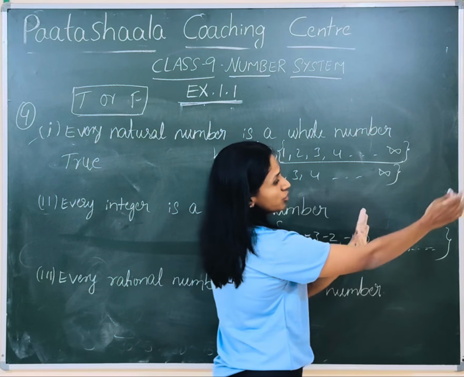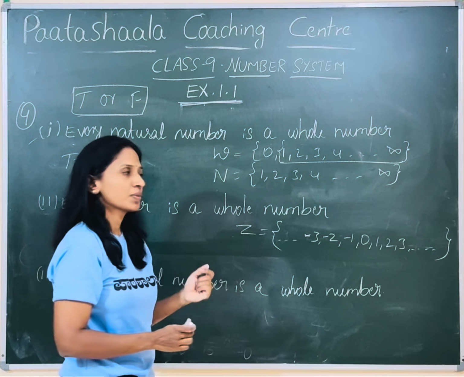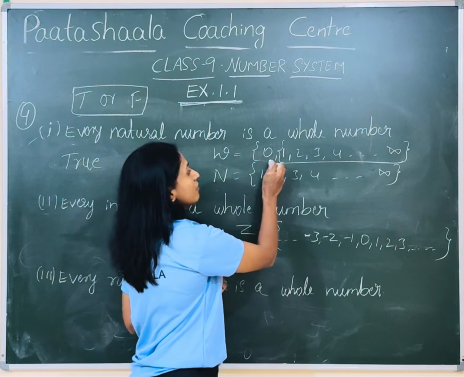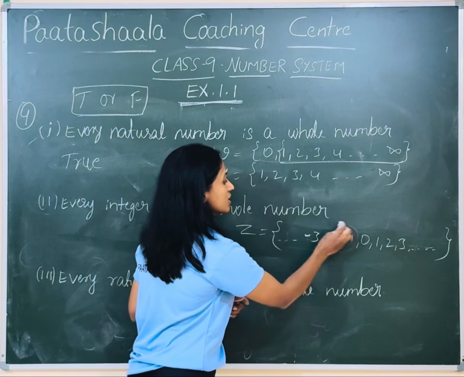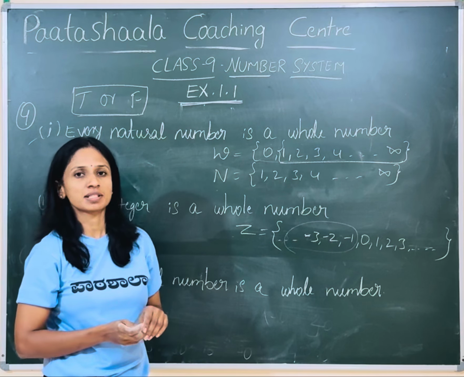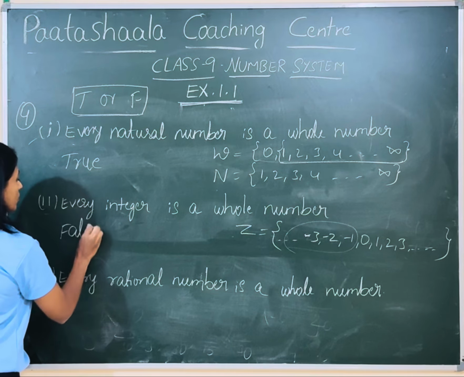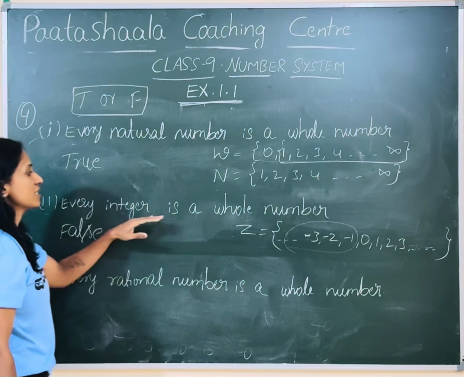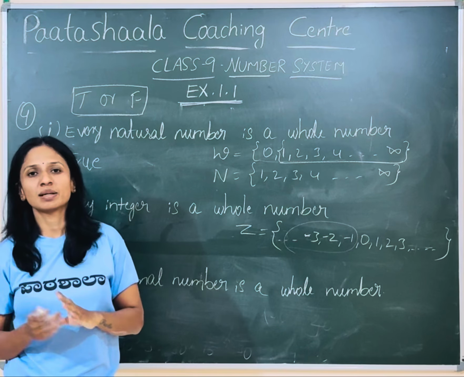So it goes on towards positive also, and towards negative also. But the whole numbers have only the positive numbers. These negative numbers don't come in the whole numbers. So the statement is false. Every integer is not a whole number. So whole numbers are only the non-negative numbers.